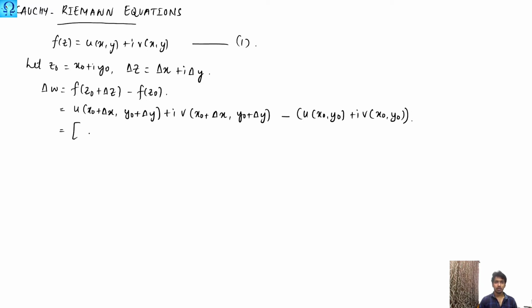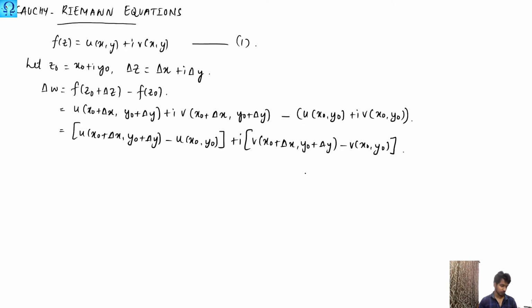If you combine real part and imaginary parts together, then you are going to have the quantity that I am writing now: this one plus iota times the quantity in v. So this is what we would get.